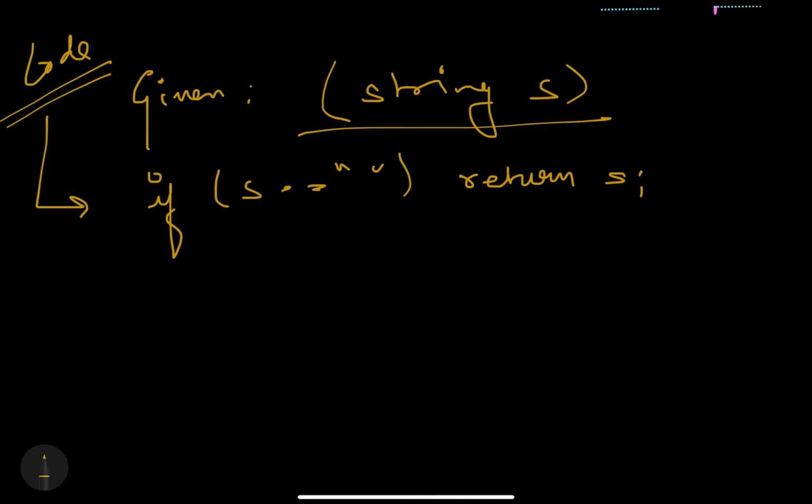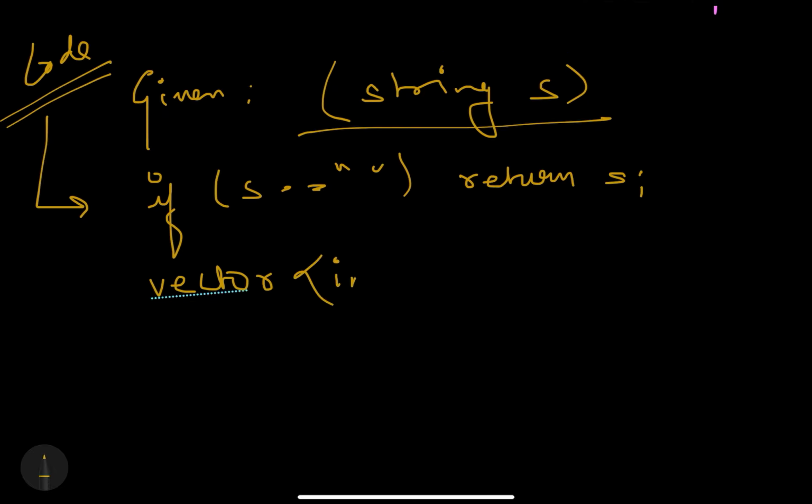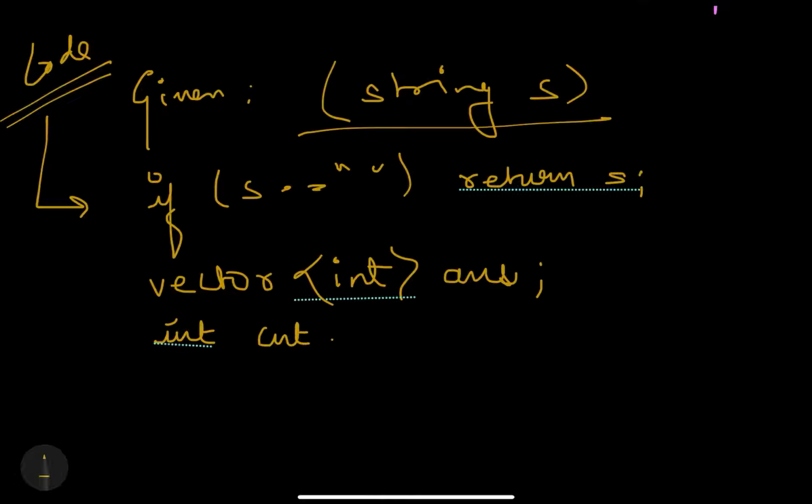Next, we'll define our vector in which we'll carry the substrings which we need to swap. We can also take a counter variable to count the number of ones and zeros, to check if the number of ones is greater than the number of zeros.